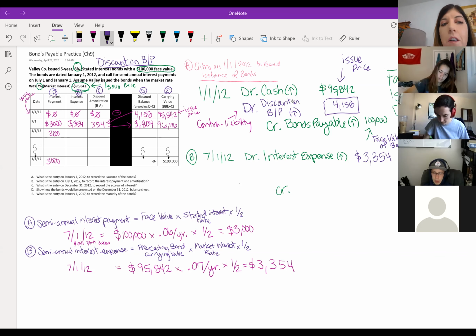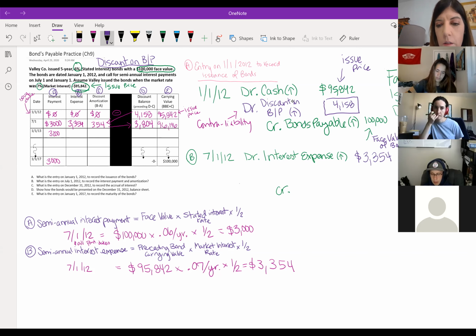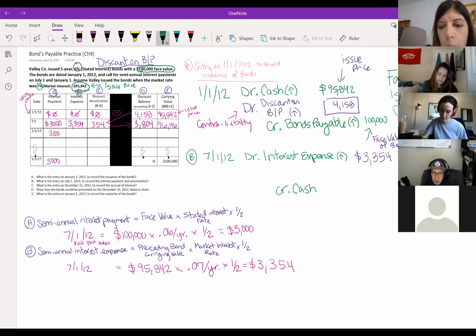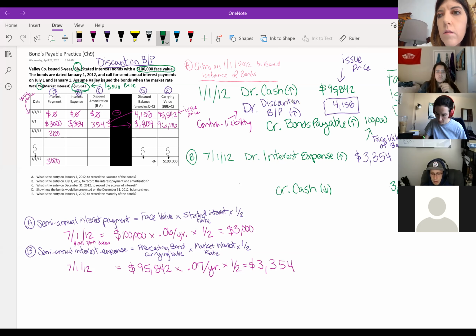So notice it even tells us here, column B is interest expense. What am I going to credit on July 1st? Cash. We're going to reduce cash because we're paying out cash on this date. For how much? 3,000. Column A. We don't balance, we need more credits.